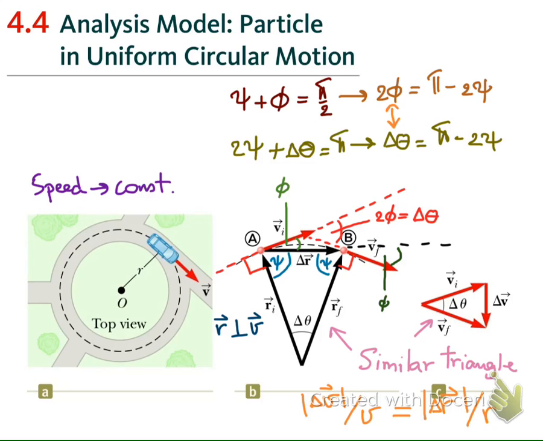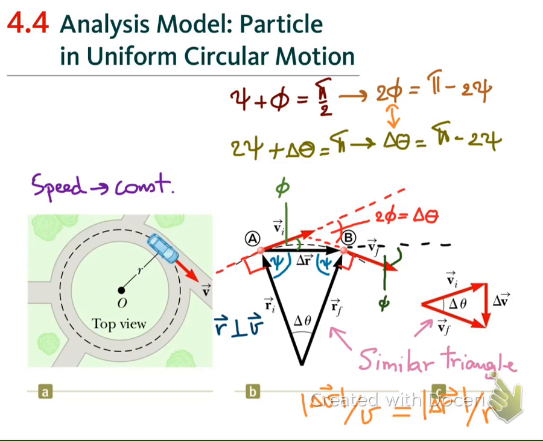Okay, so if we write again, delta V, the length of the difference of the velocity, over V is equal to delta R over R. You can see that in this equation, V is the length of this side, this side or this side, and we can use the length of this side or this side for R, because the particle moves in a uniform circular motion.